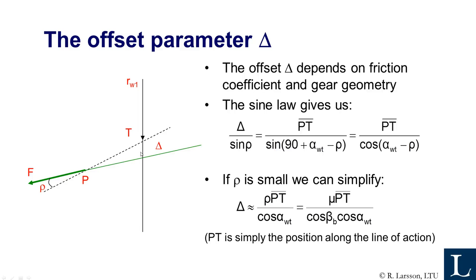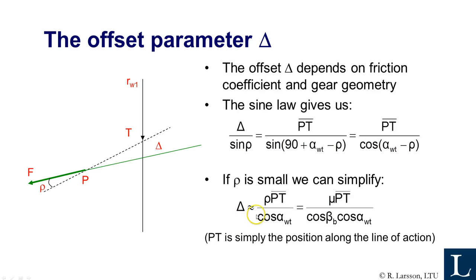Stop the video again and think over that. You can simplify that. Sine 90 here can be made to cosine instead, and you end up with this expression. And also, if rho is a small number, which it is, then you know that sine rho is about the same as rho itself.